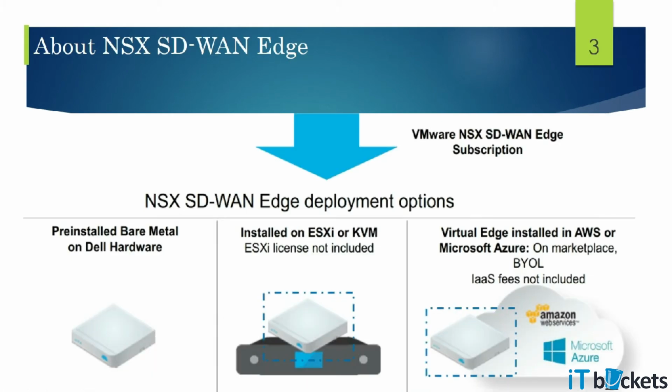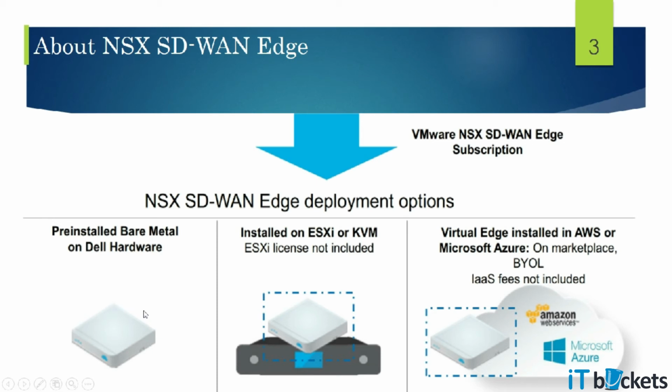Here you can see the NSX SD-WAN Edge deployment model. I have just described the deployment model of the NSX SD-WAN Edge. You have three options to deploy it. One is on premises as hardware; you can see it's a bare metal Dell hardware that is available. You can get it as a hardware appliance from the distributor and deploy it on premises.